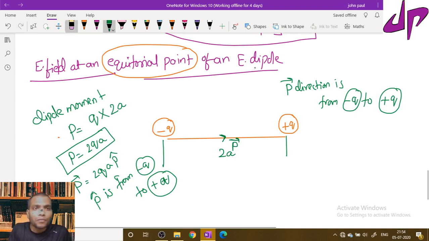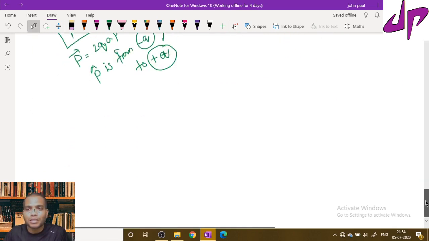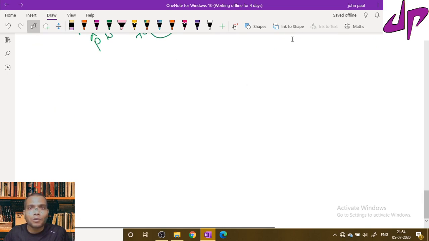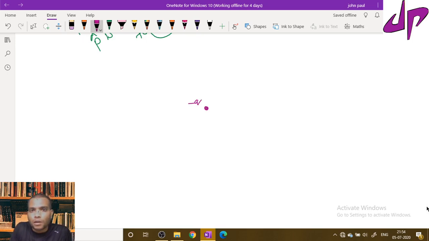Now we need to define the same electric field for an electric dipole, but in this case at an equatorial point. So for the equatorial point, let me consider again a dipole. Let me take a negative charge and here a positive charge.